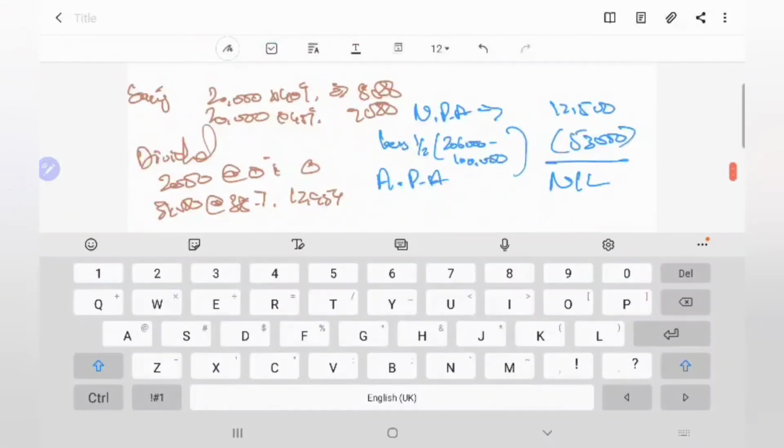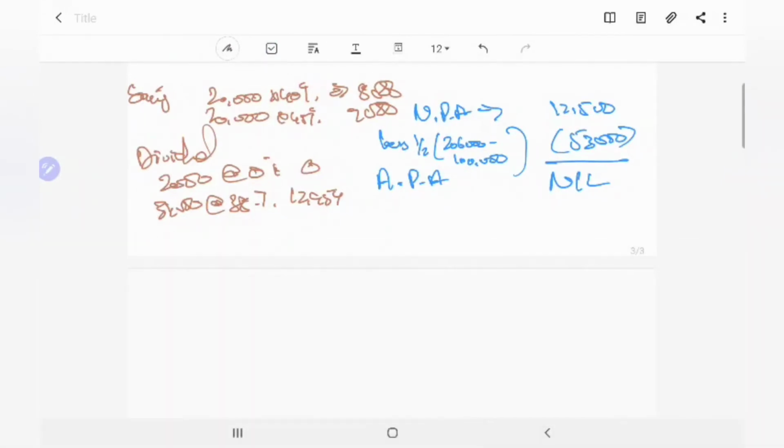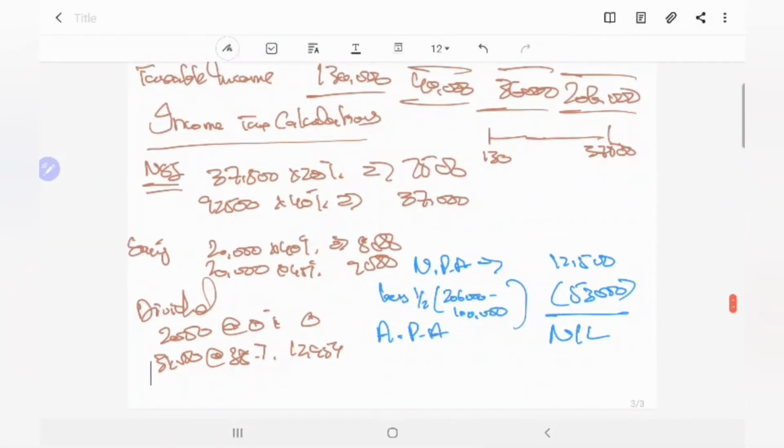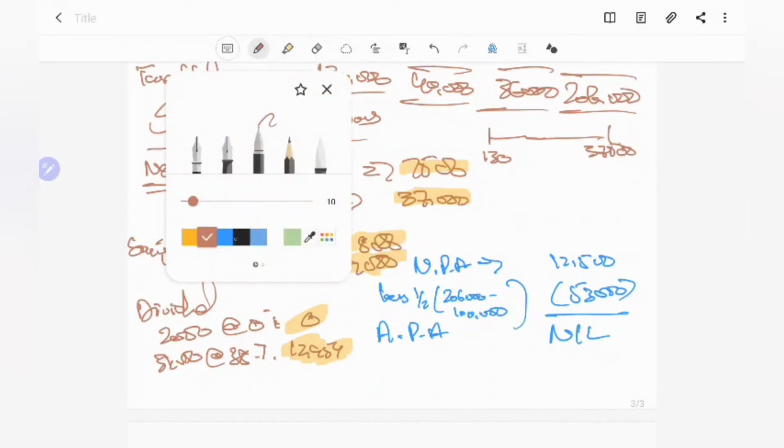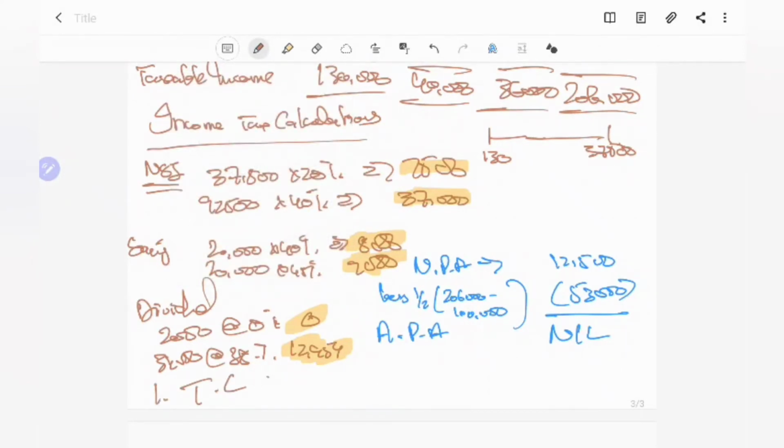So now what you will need to do, simply add 12,954, 9,000, 8,000, 37,000 and 7,500. All you will get is income tax liability. How much income tax liability will you get? 74,454. So far so good, and I hope it's clear till here to you.